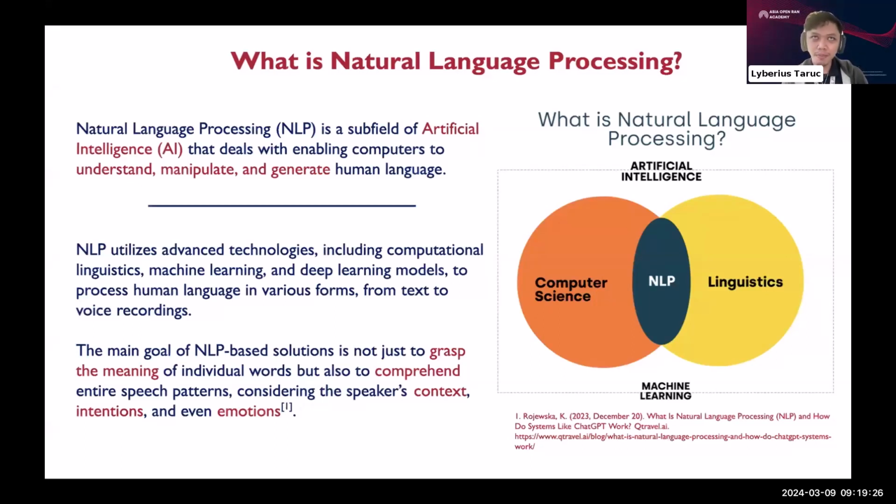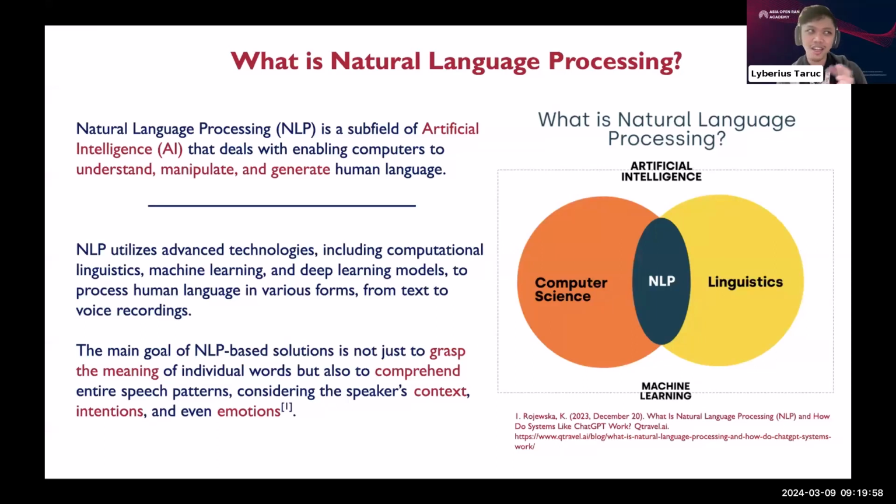If computational linguistics deals more with, say, the historical aspect of a certain language, how it has been structured in terms of its syntax and semantics, how a given word has morphed and been used across the years, NLP deals more with how these theories can be applied to day-to-day use or even to use cases.